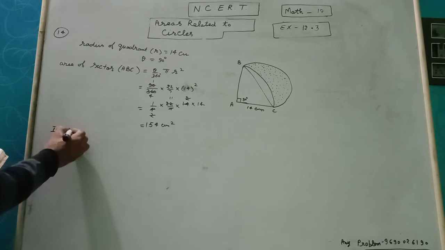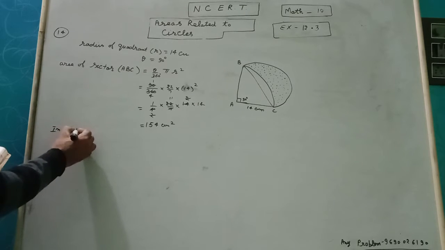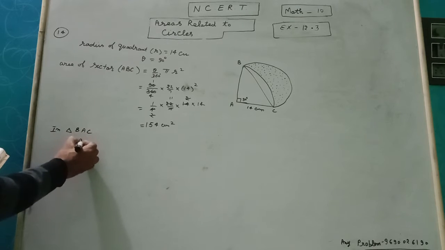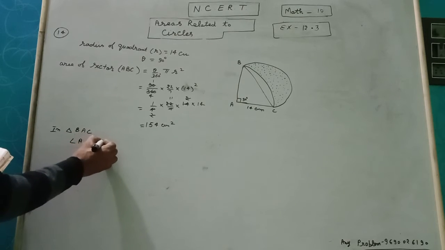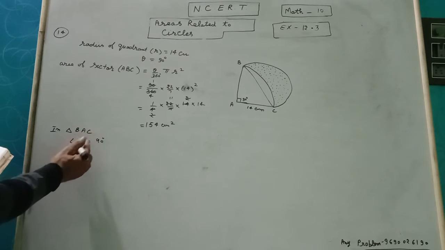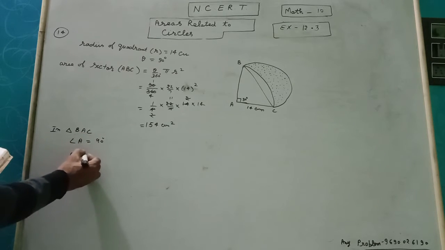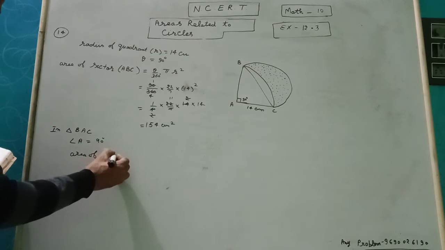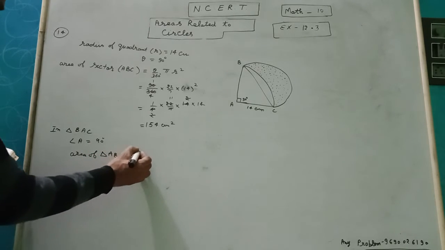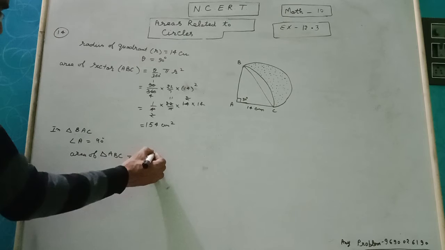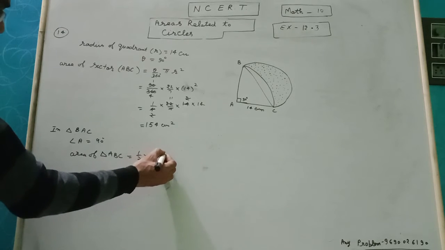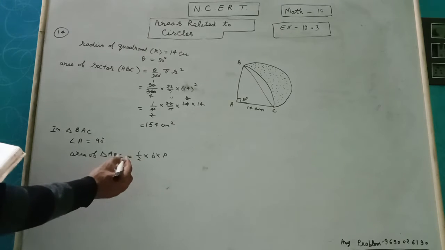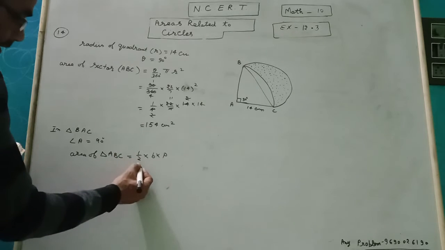In triangle BAC, angle A is equal to 90. Area of triangle ABC is 1 by 2 base into height.